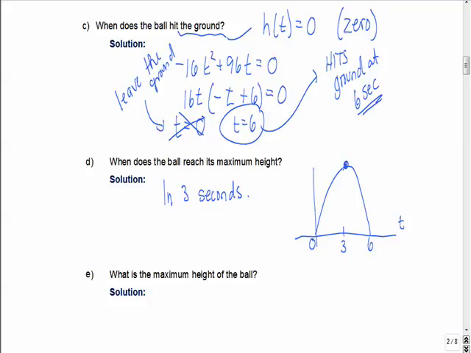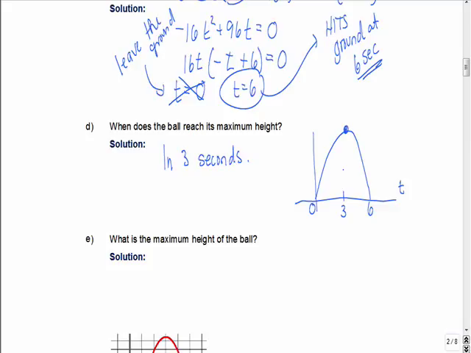Now, the last thing we want to do here is find the maximum height of the ball. And so now I know that it reaches its maximum height in 3 seconds. So what I do is I compute h at 3. So I'd have negative 16 multiplied by 3 squared plus 96 times 3.